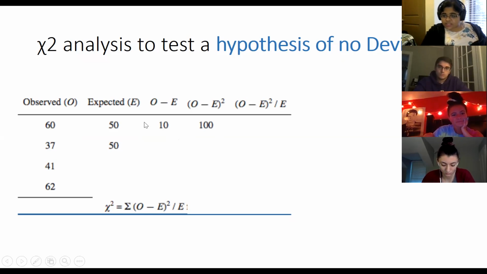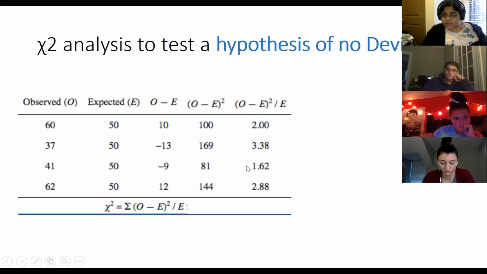You calculate these out, and that's the first one for this specific genotype. Then we calculate the rest, take the sum of all of these values, and you get 9.88. I know it's a lot of math in one go, but that would be the chi-square value that you get.